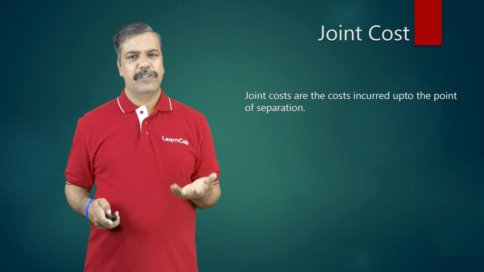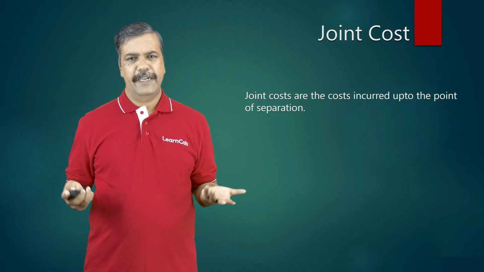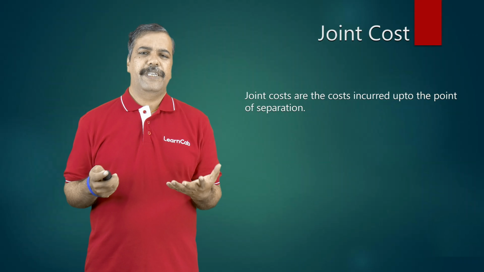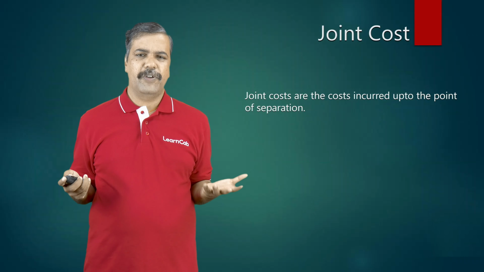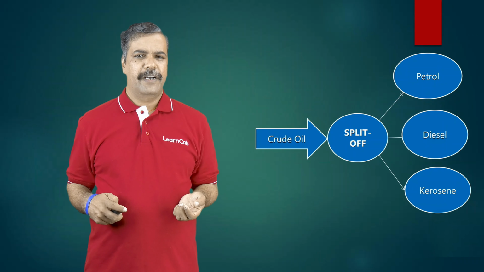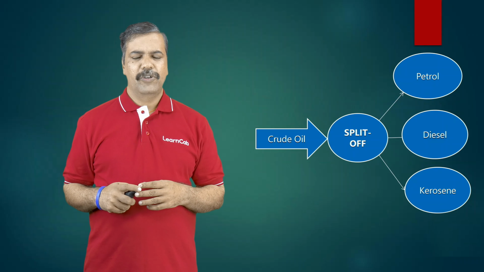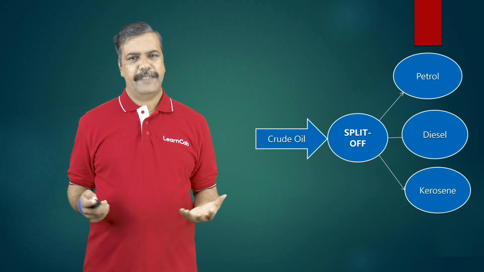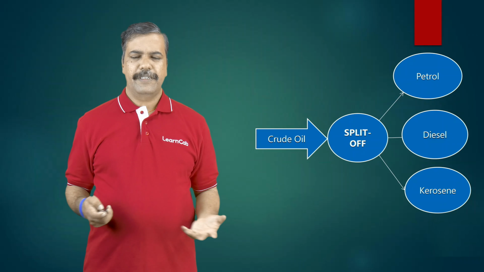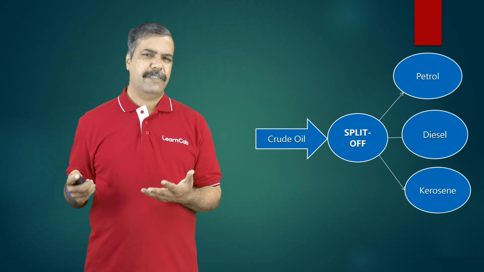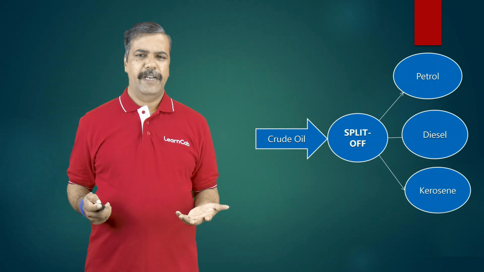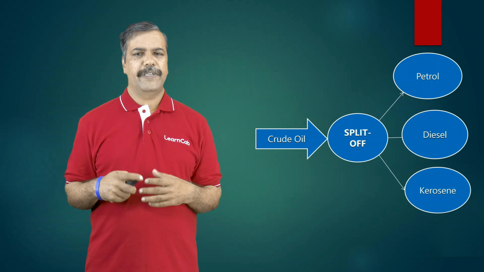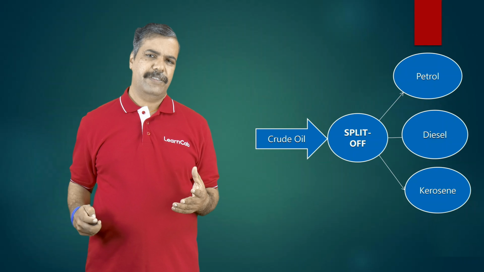We'll go into the details, and I've given one small example to make it clear what the concept of joint product is all about. Take the example of crude oil. Crude oil is the raw material for our main products like petrol, diesel, kerosene and gasoline. These are the products which emerge from crude oil. Crude oil is the common raw material which needs to be processed in order to get petrol, diesel and all these things.